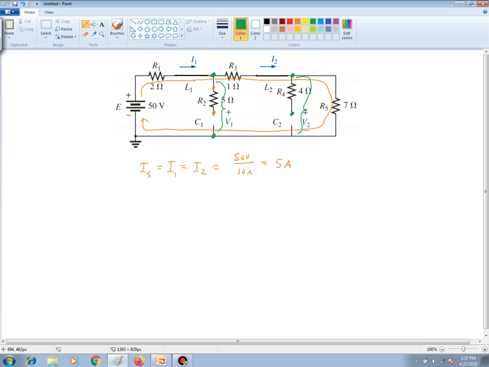And since R2 and R4 don't come into play, we can simplify the circuit a bit, and we have a circuit that looks like this.